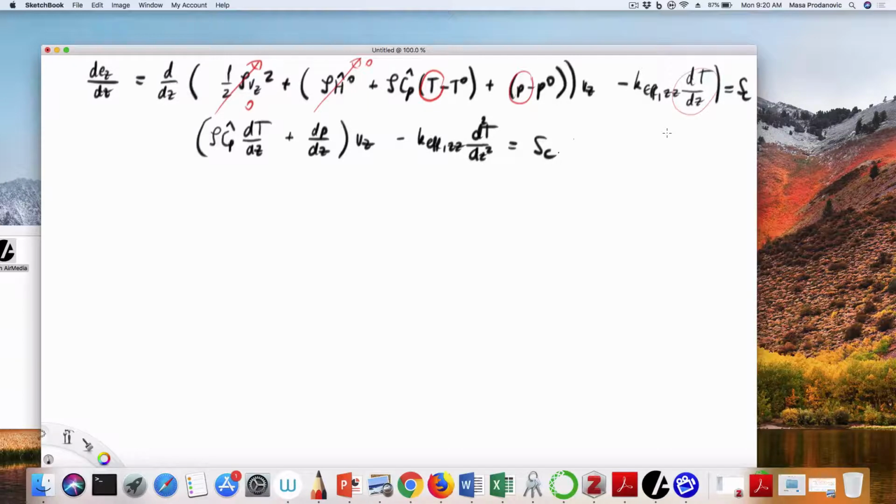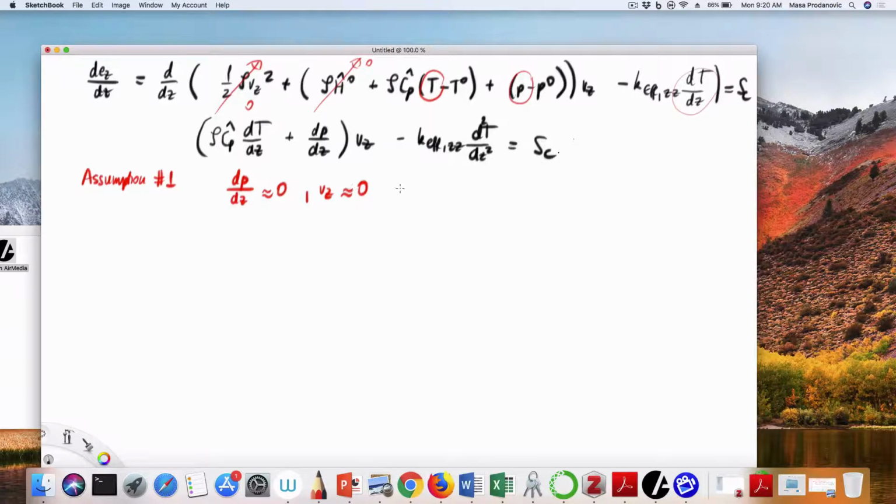So this already just has 3 terms, but it's not an easy thing to do analytically. So the first assumption that we're going to make is that our pressure changes are relatively small and that our Vz is relatively small.